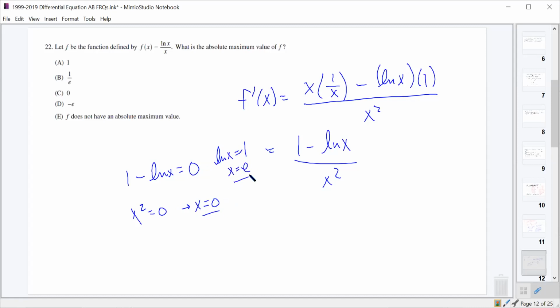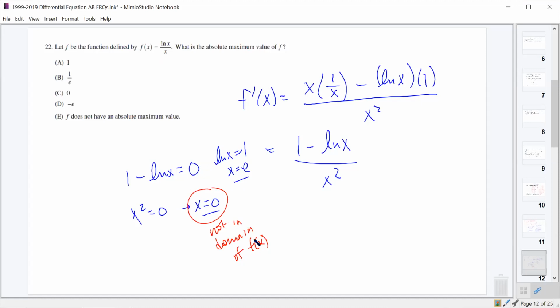So we have two possibilities, but if I try to plug x equals 0 into my original equation, I get the natural log of 0, which is undefined, and I get divided by 0, which you also can't do. So this is not in the domain of f of x, so we can ignore that value.